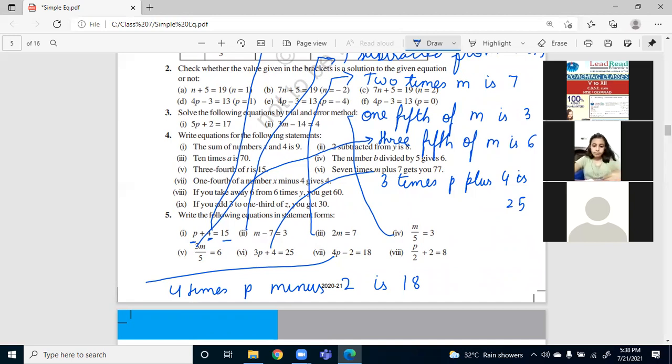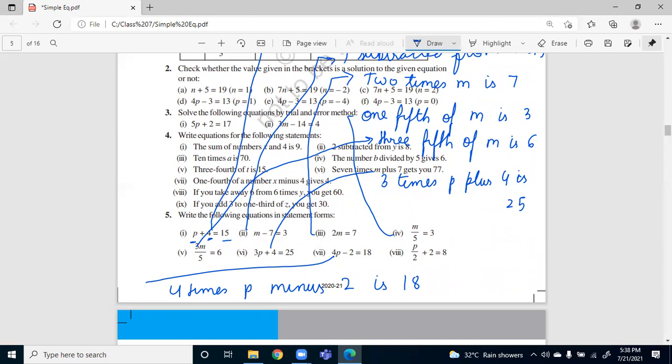Ma'am, the answer of the 8th part. Ma'am, what can be the answer of 8th? P by 2 plus 2 is 8.